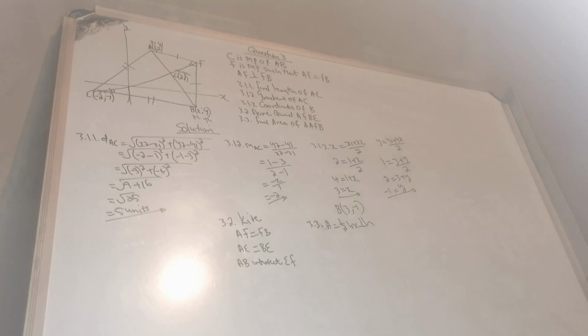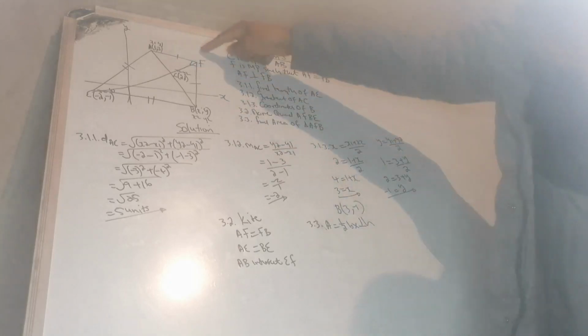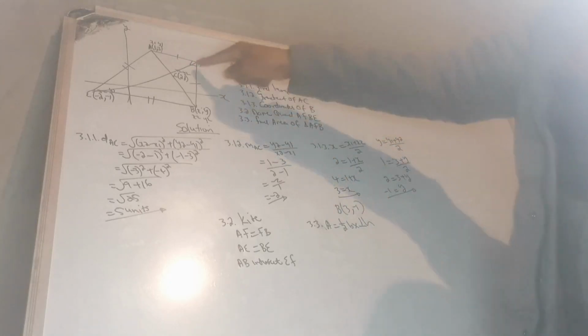F is a point of intersection. Let's try to check something. Can you see that AF is perpendicular to FB at F?